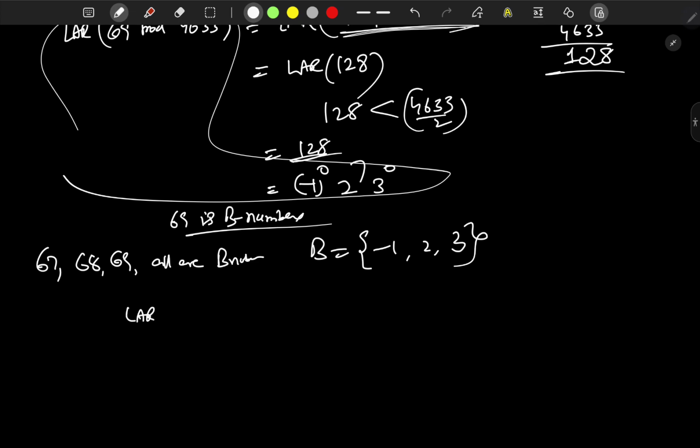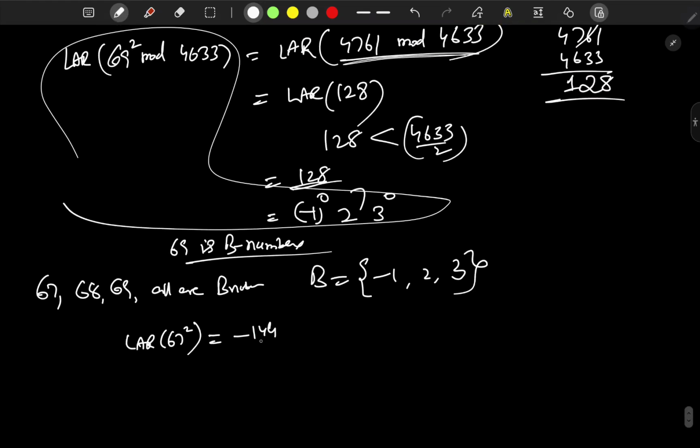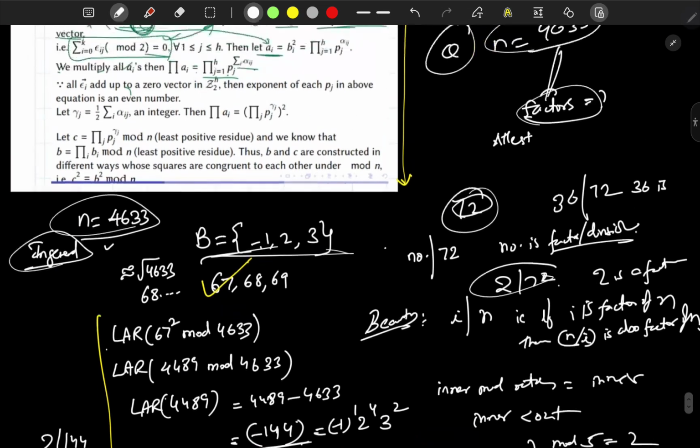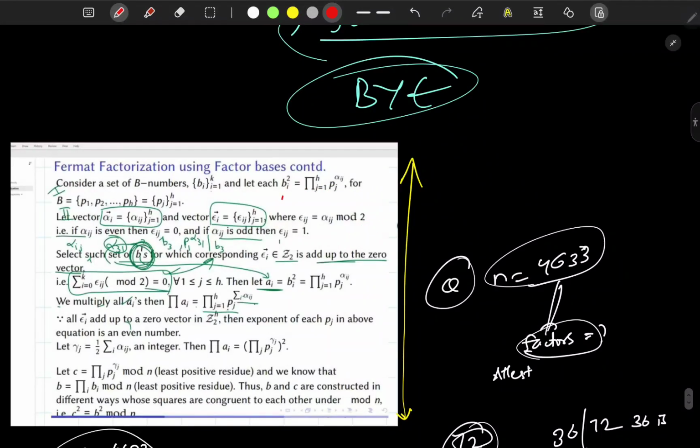Now the important thing is that you need to keep it like this. LAR of 67 square. I'm writing in a simple format, though actually I need to write it completely. LAR of 67 square equals how much? Minus 144. Now I want to calculate the exponents. Yesterday, in the last class, I taught this. After writing the LAR in terms of this factor base, whatever the exponent is, it is known as alpha ij.